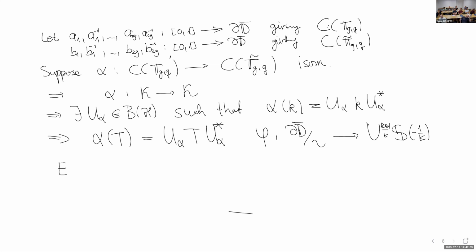This phi can be used to order. So we have a phi and let's call it phi bar. And this we can use for the orientations. And here we have numbers, so we can arrange that A1 and B1 go to the same circle, under alpha, under U alpha.